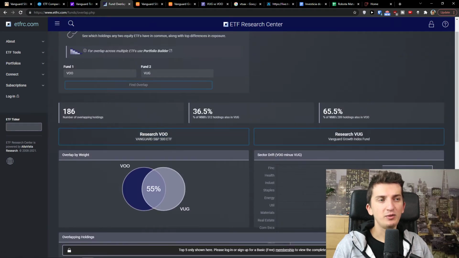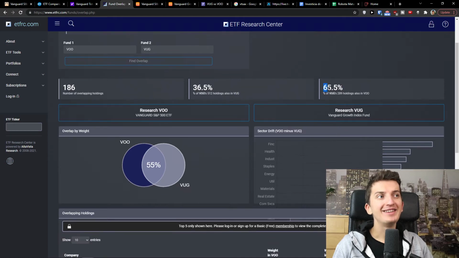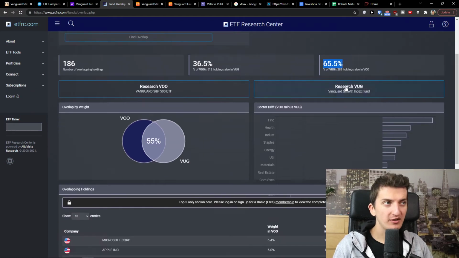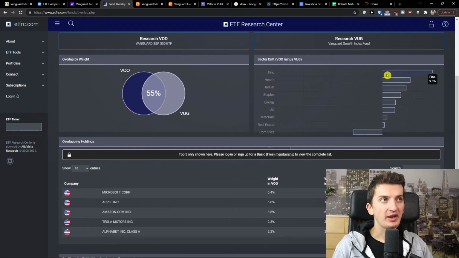Now, when we go even further, let me show you the fund overlap. And this is fun too. 36.5% of VOO's 512 holdings are also in VUG, and 65.5% of VUG's 289 holdings are also in VOO. And you see right here the sector drift, VOO minus VUG.